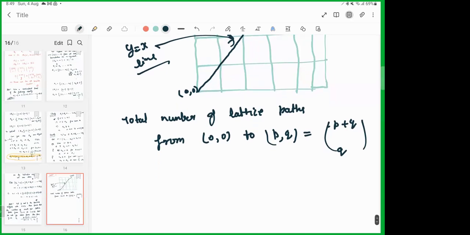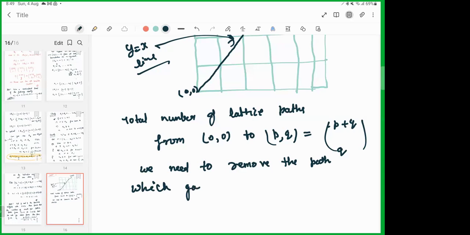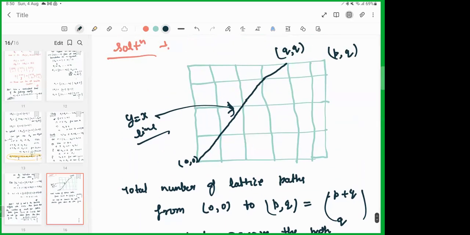Then yes, we need to remove the paths which go above the line y equals x. So now tell me how you will remove these paths which go above y equals x. How will you count these paths?